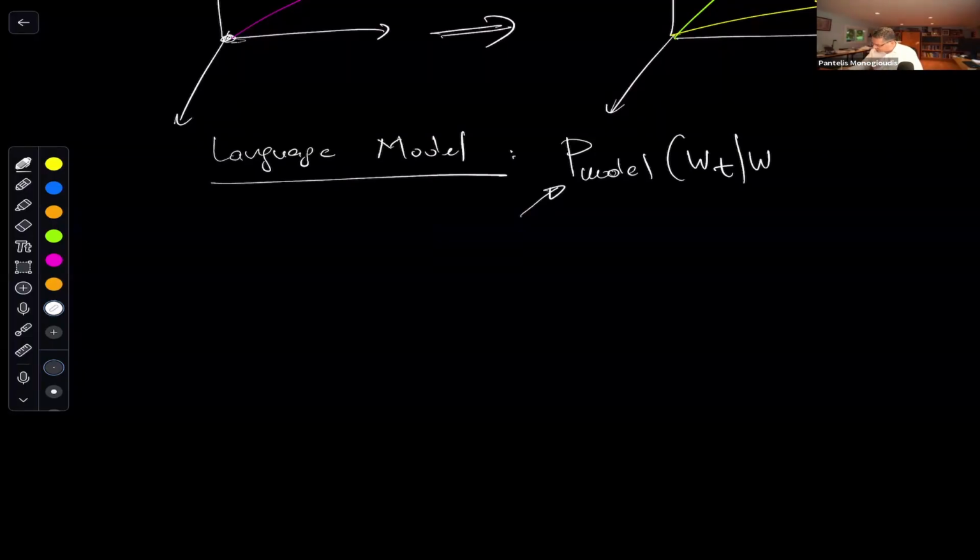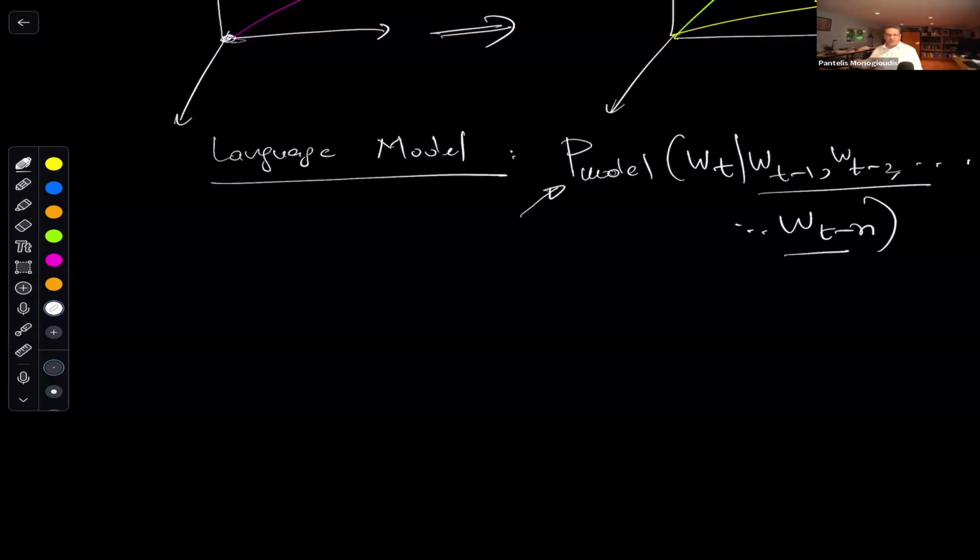So this is P of WT given WT minus 1, WT minus 2, dot, dot, dot, WT minus N, let's say. So we are going back N points in time, where effectively it's the sequence of tokens that we have seen already, and this is what we will call the context. So this context of, let's say, N tokens is going to be used to determine the next token, which is WT in this case.